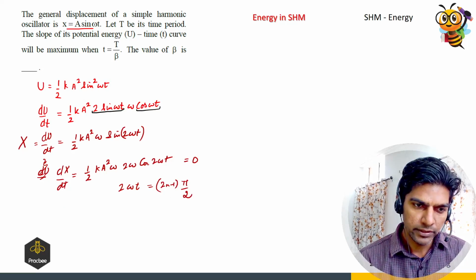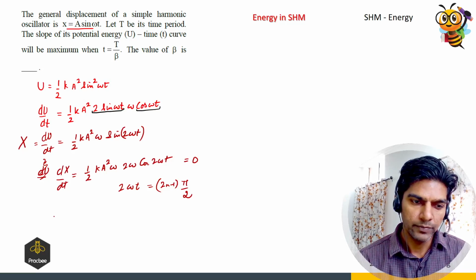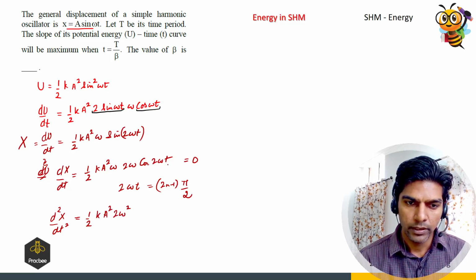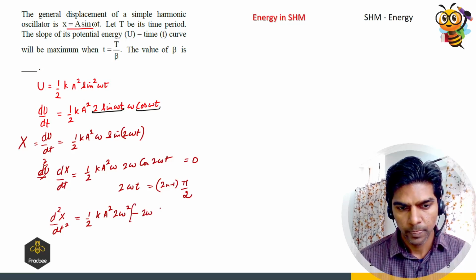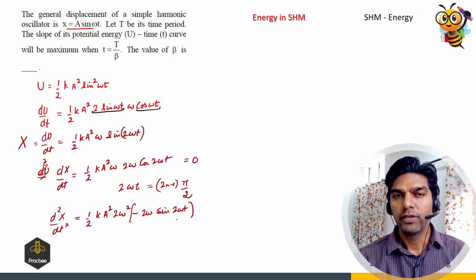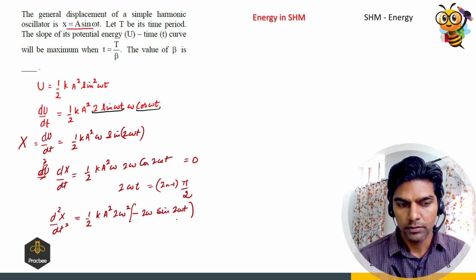Now let us differentiate X one more time. So d square X by dt square will be half k a square, and this will be 2 omega square, and it will be minus of 2 omega sine 2 omega t. And we know that at maxima the second derivative is negative.